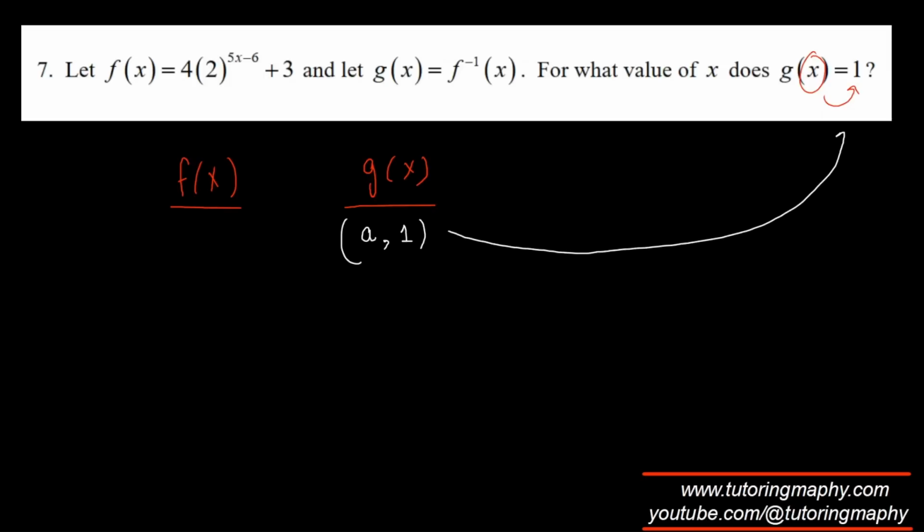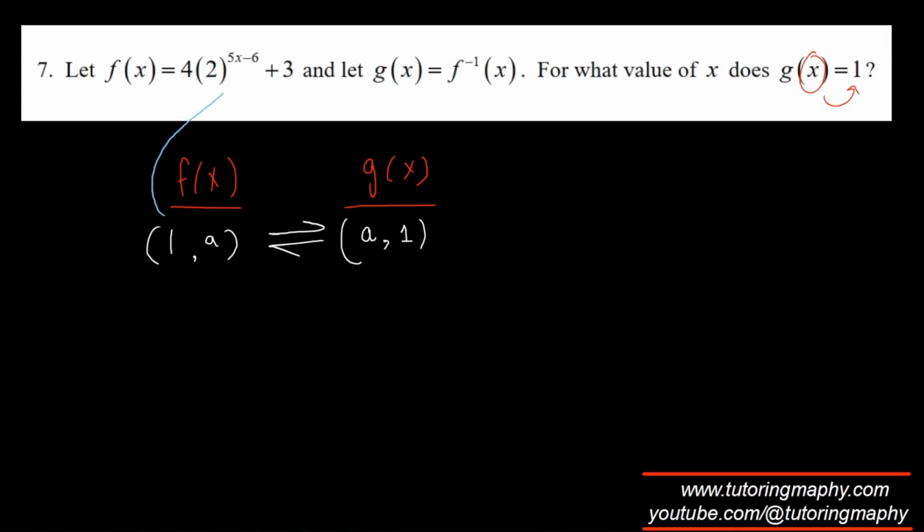That's what they're asking, that is, what is that a at which y is 1. And don't you think for f of x and g of x, the x and y swap? So the same coordinate on f of x will be 1 comma a, which is very straightforward now. All I need to do is in f of x, put x as 1 and get the corresponding y coordinate, which is a, right?